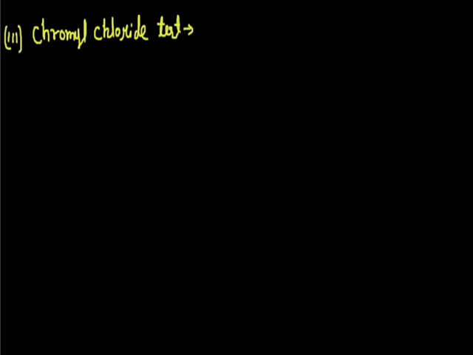In the chromyl chloride test, we take the solid chloride-containing salt and add solid potassium dichromate, K2Cr2O7, which is orange in color. So in a dry test tube we take the salt and some solid potassium dichromate, and we add concentrated H2SO4.